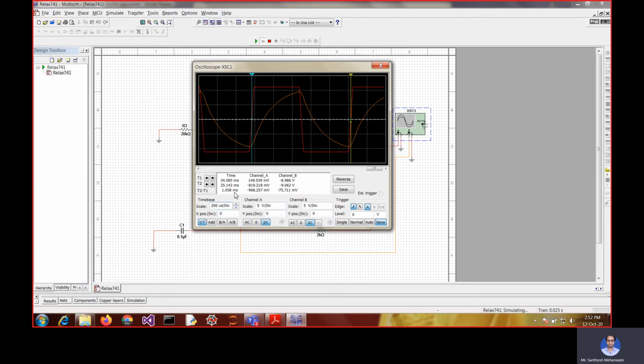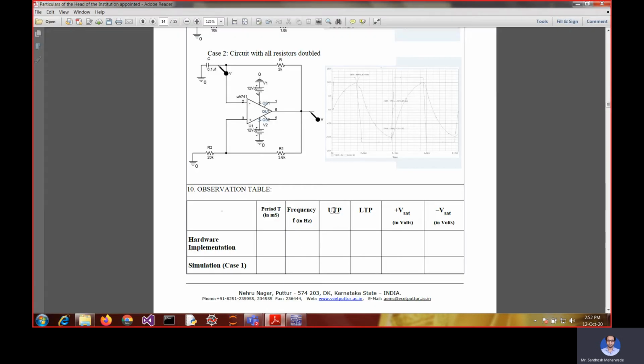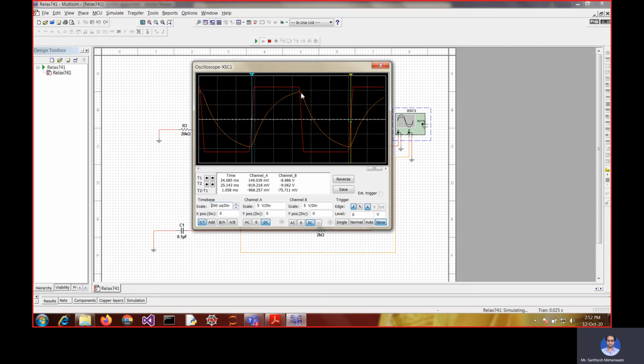Again, in the same way, find the remaining values: UTP, LTP, plus Vsat and minus Vsat. This UTP is this intersection point, and minus Vsat is this intersection point. Similarly for this, go to the bottom.